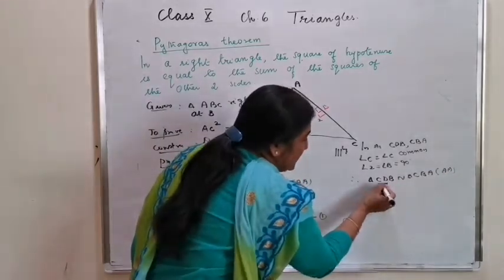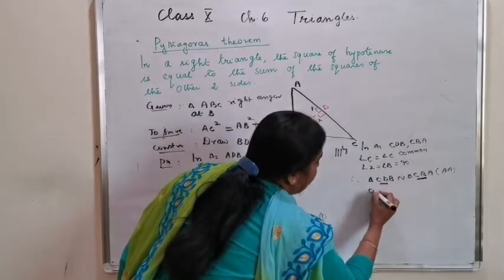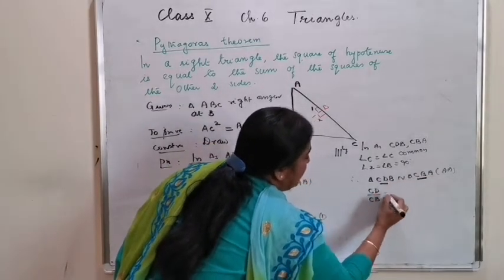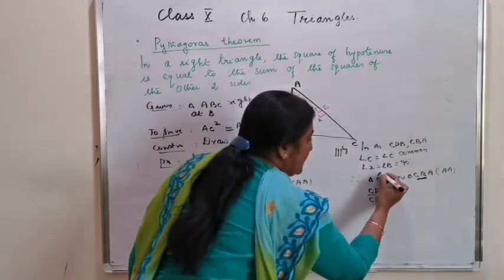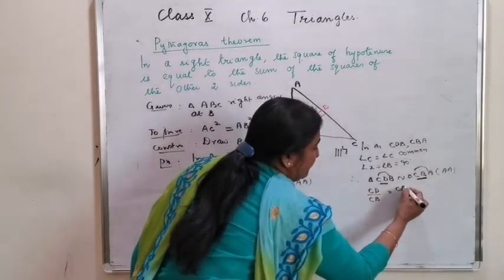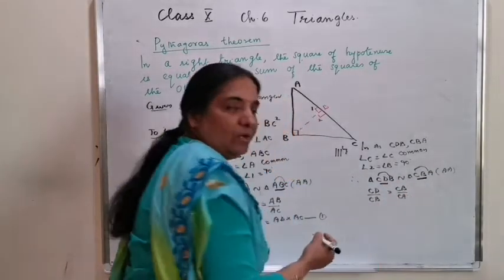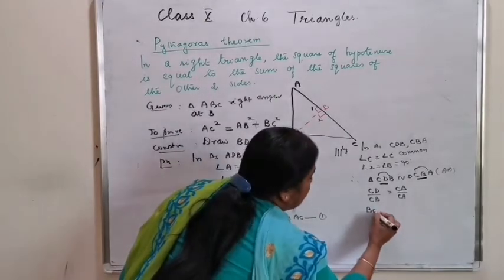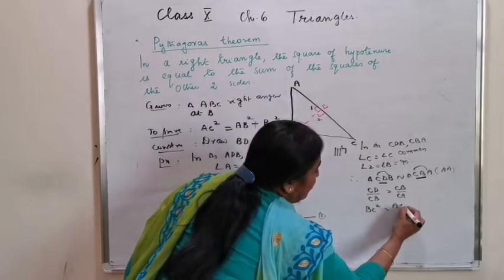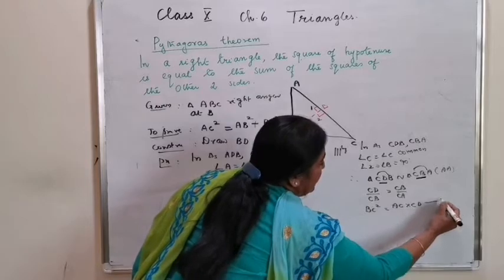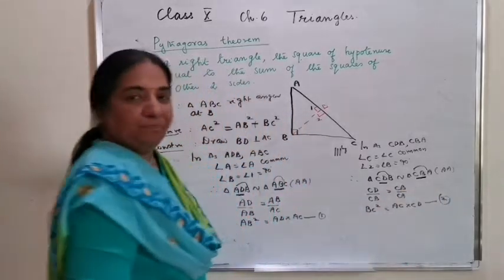Proportional sides: CD by CB is equal to CB by CA, or you can arrange it as BC square is equal to AC into CD, equation number 2.